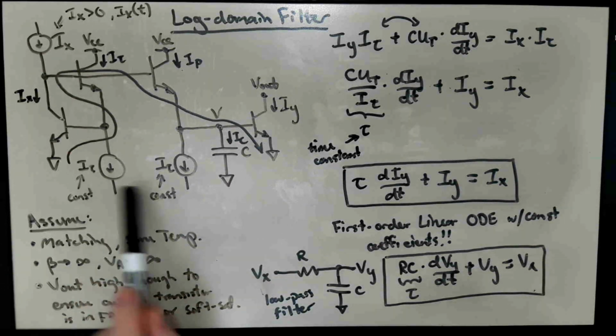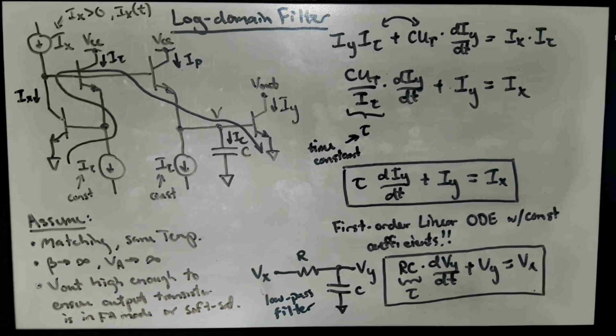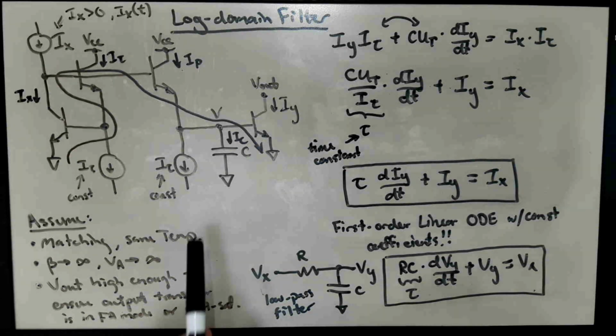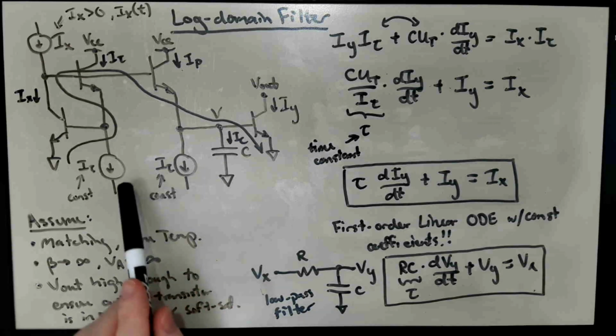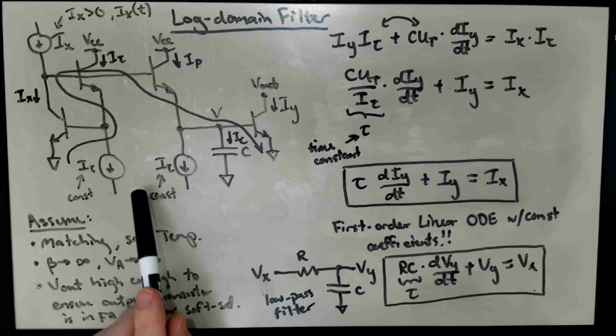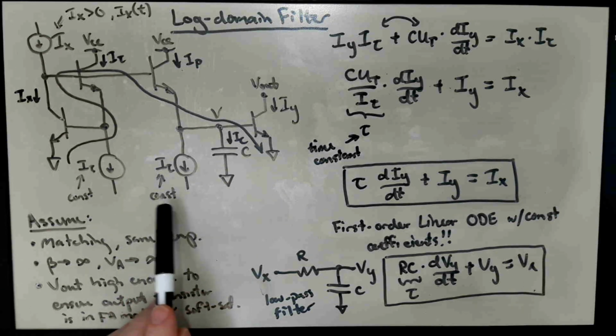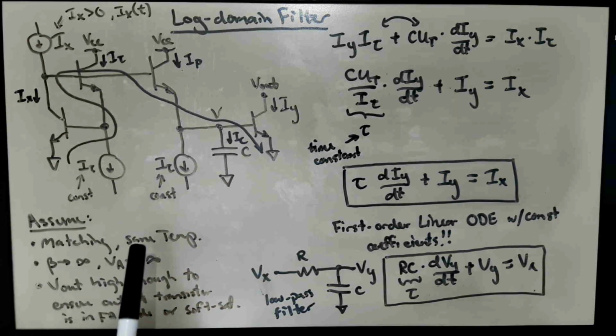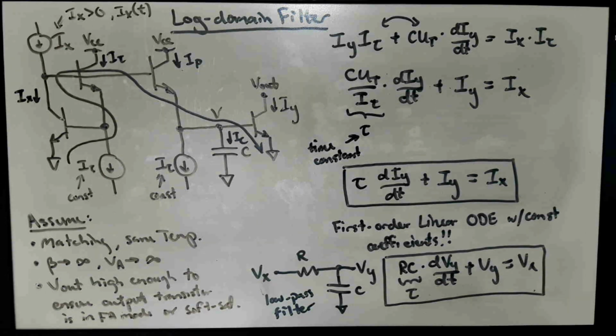But if I tune this up to the milliamp level or so, I can very easily get into the RF front end kind of hundreds of megahertz to gigahertz corner frequencies. So not only do I have an ability to change the time constant or the corner frequency of my filter through this electronic control, I have the ability to do so over a very, very wide dynamic range. And so that is super, super cool.